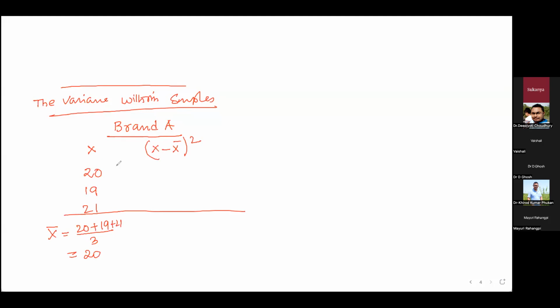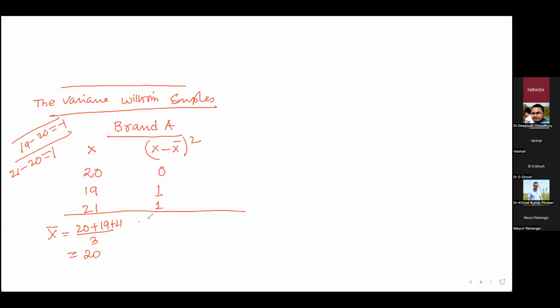Now, X minus X bar will be 0, and 0 square is 0. Then X is 19, 19 minus 20 means minus 1, square means 1. 21 minus 20 is equal to 1, 1 square means 1.